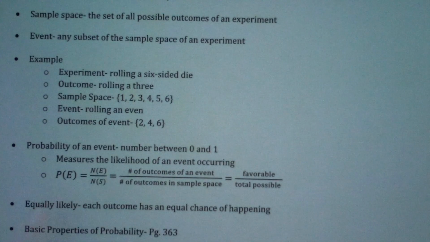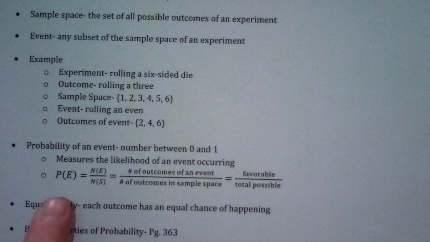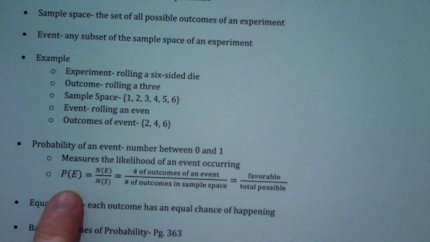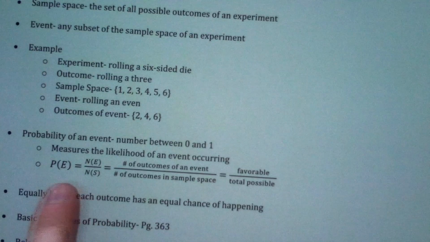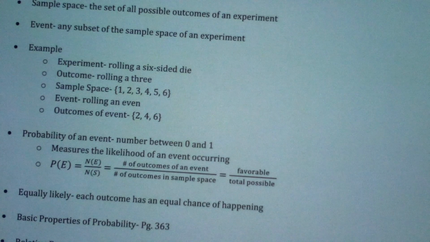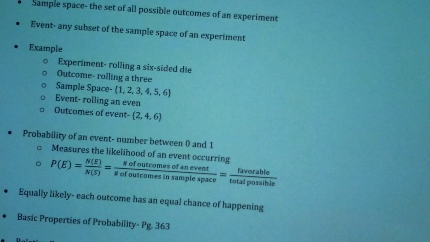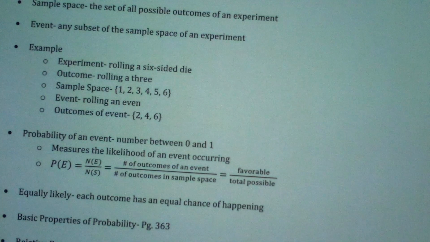Here they do P of E. E is the event, and it's always the number of possible outcomes of that specific event over the total number of outcomes in the sample space. Sometimes books refer to that as favorable over total. Favorable is the ones we want to happen, like if that happens we win the game. It's always the ones you want over the total number, okay?